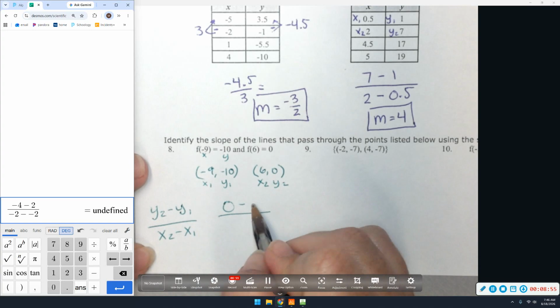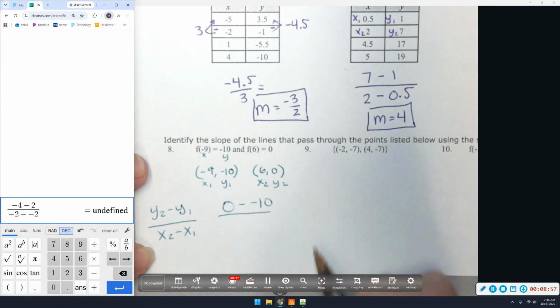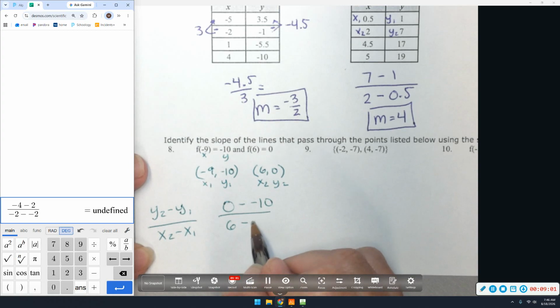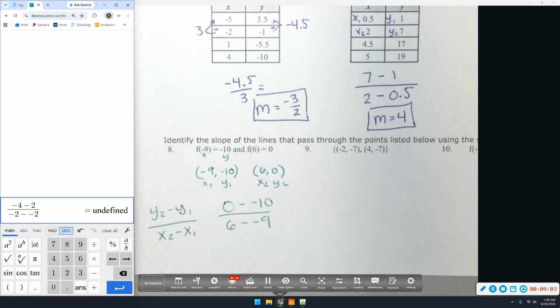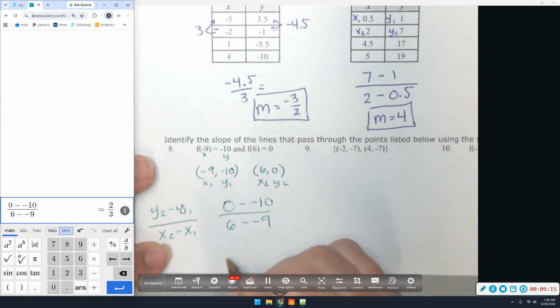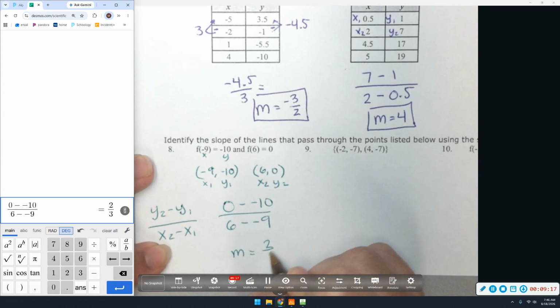Minus y1, -10, over x2, minus x1, -9. So we have to put in those double zeros. 0 minus -10 over 6 minus -9. Now, we don't want that ugly fraction, decimal, so we turn it into a fraction. So m is 2/3.